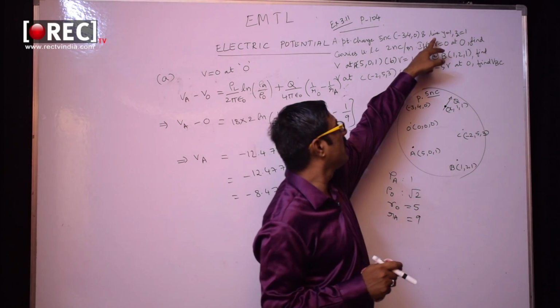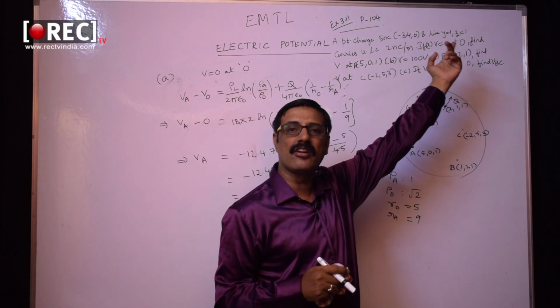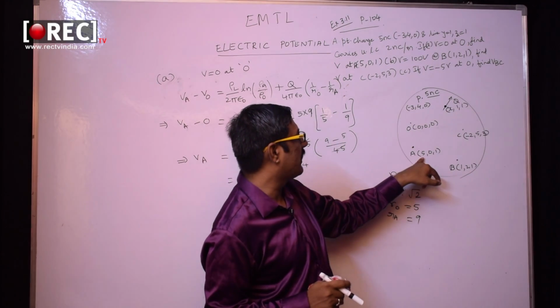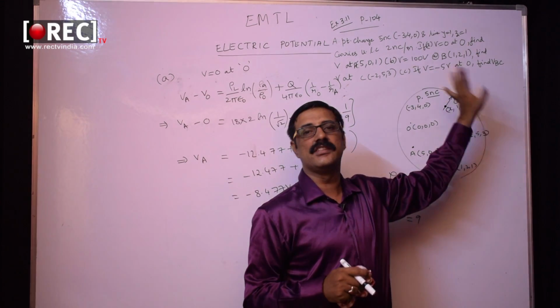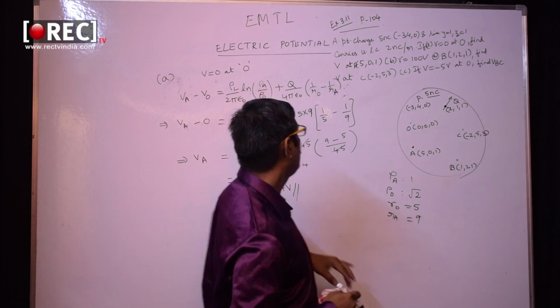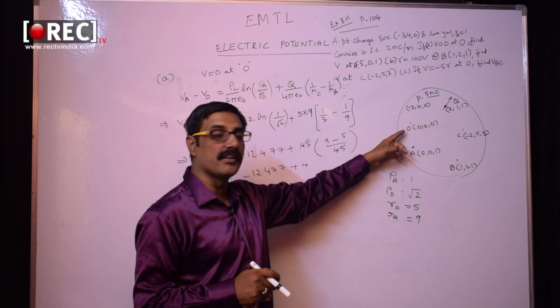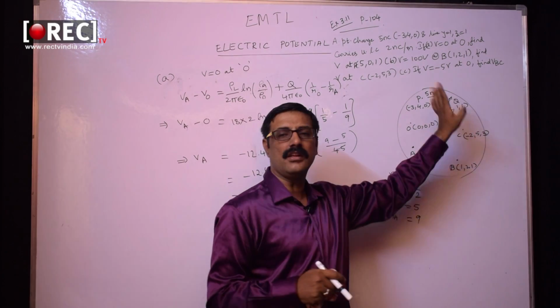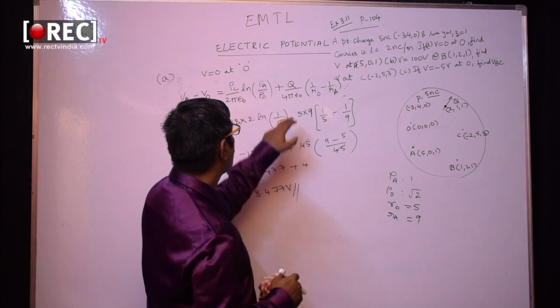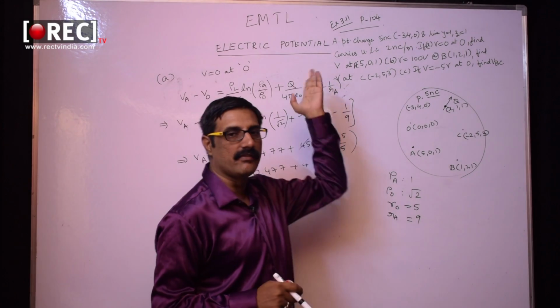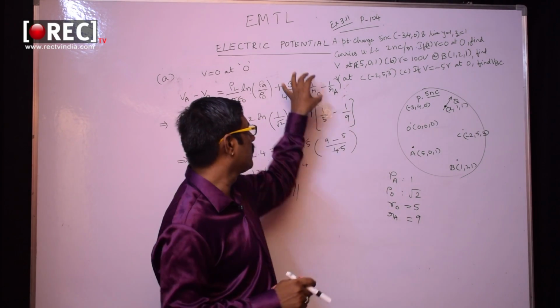Here y and z are mentioned, obviously x is not mentioned, so I am not considering the x coordinate of both A and the line charge distribution. Similarly, we need to calculate rho naught also, for the distance between O and the line charge distribution. And coming to this formula, we have already done it in the previous problem, so you need not worry about this.